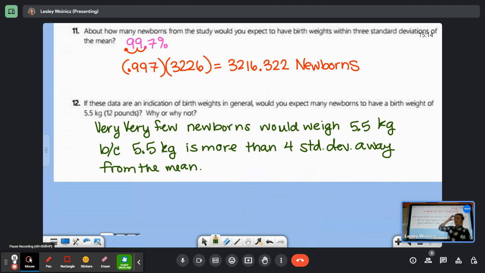The empirical rule says that only a fraction of a percent of data is farther than 3 standard deviations away. So at 4 standard deviations, it's very, very unlikely. Not impossible, but extremely unlikely. That's it.